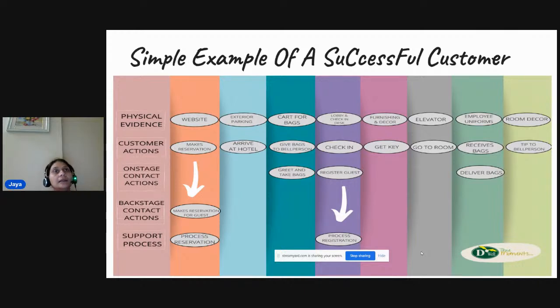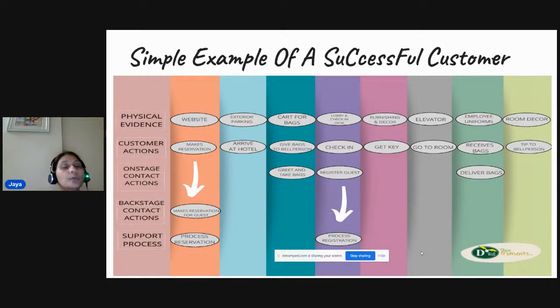But the main thing is, if the staff at the hotel is very good to you and tries to help you in each and every manner, that is what is called a support process, and it shows that the hotel is very attentive to your problems, your queries, your complaints, everything.